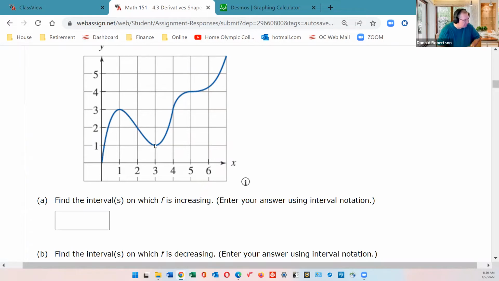Now, judgment call time. Would you agree that if you were talking about concave down, it would be from 0 to 2, and concave up from 2 to 4? And so there'd be a point of inflection right there at x equals 2.